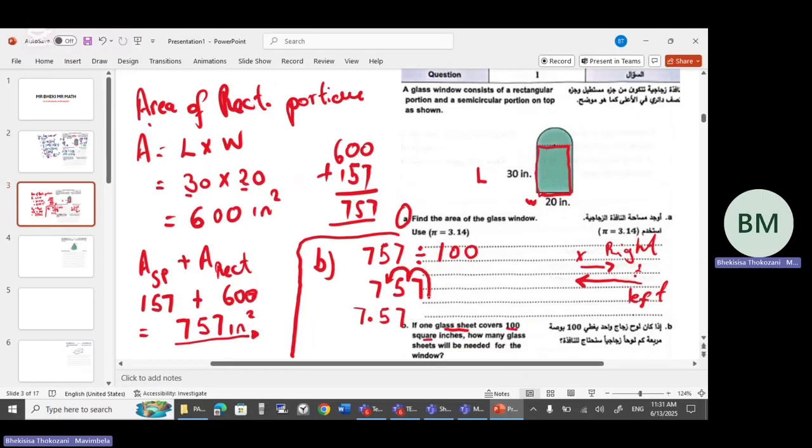So it's moved, it was here, and then it moved 1, 2. So it's 7.57. So because this is not a whole number, I can round it off to one whole number. And if I round it off to a one whole number, this means that we need at least 8.